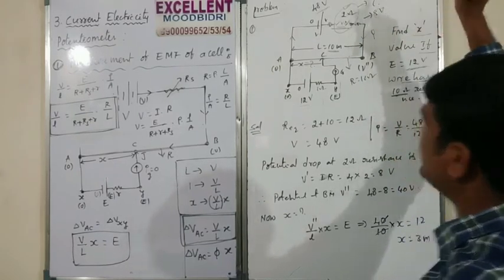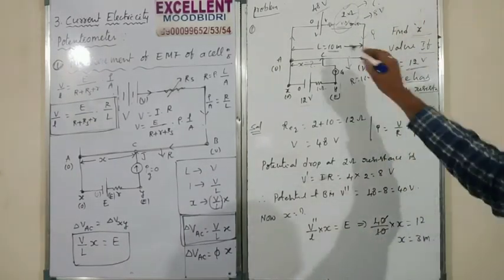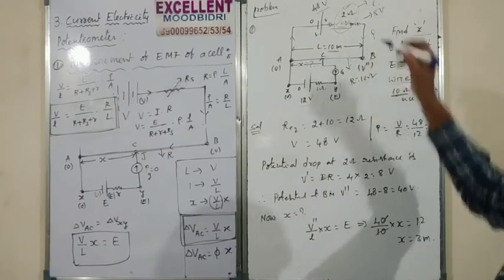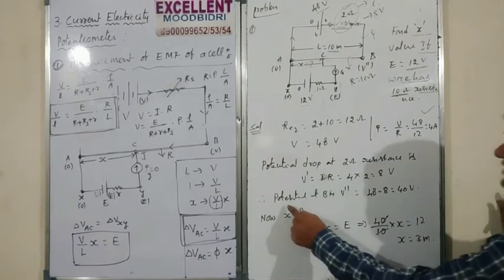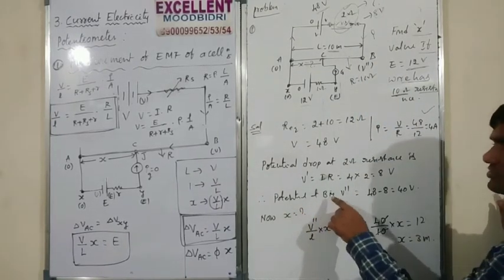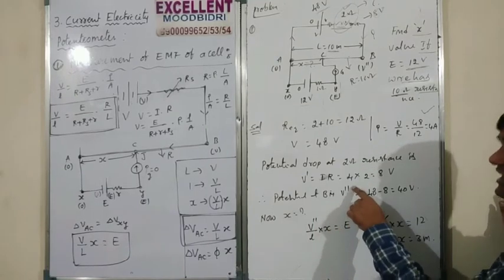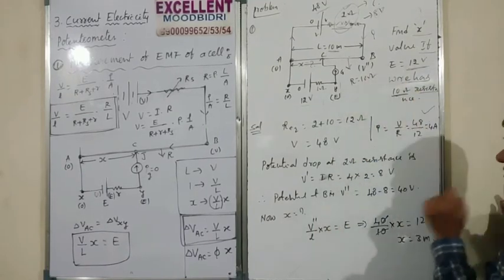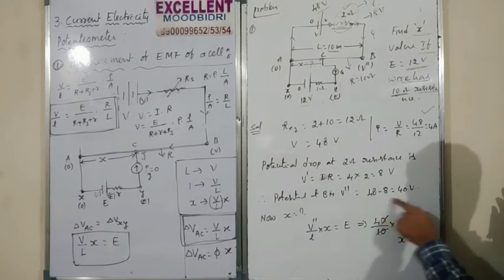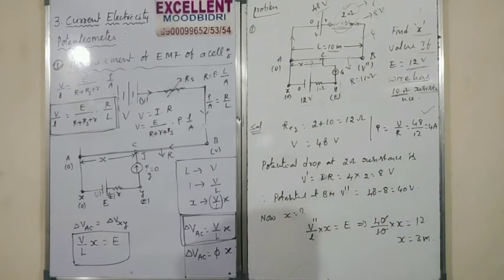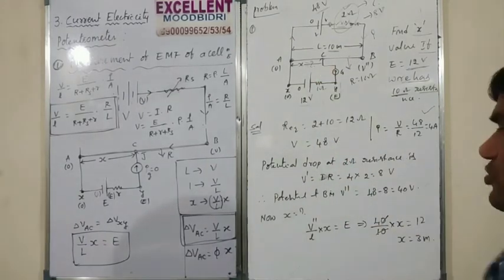Remaining potential will go here. How much remaining? 48 minus 8 only. That is why the next point I have given, potential at point B is V double dash. V double dash is equal to 48 minus 8, which is 40 volts. That is the answer. Correct? Now X is equal to what?